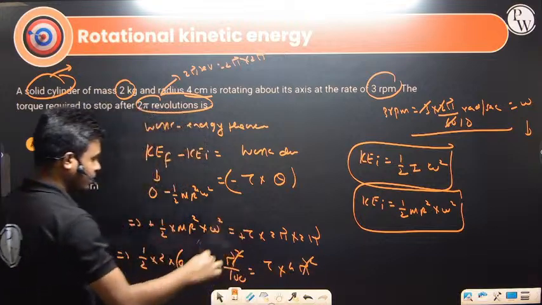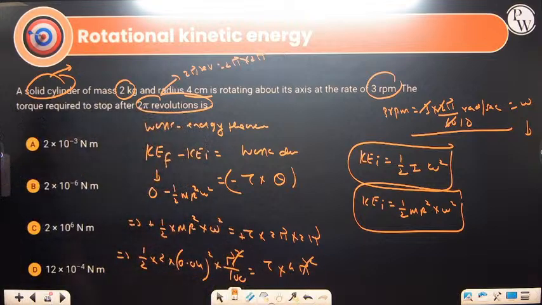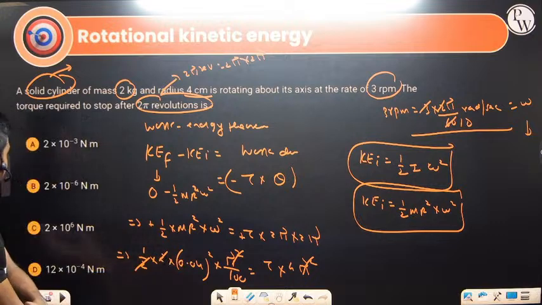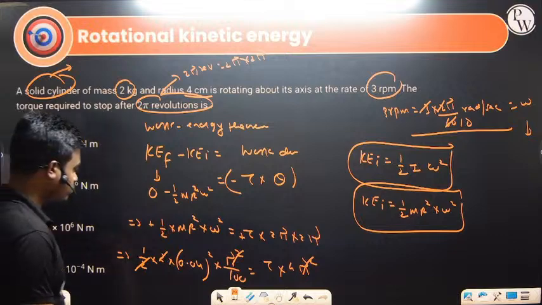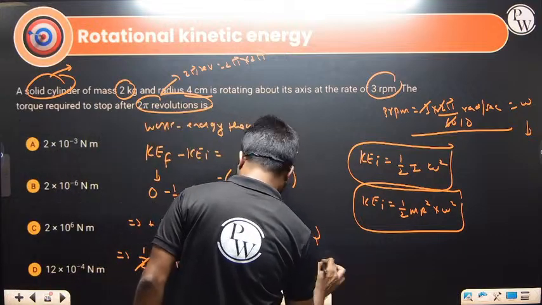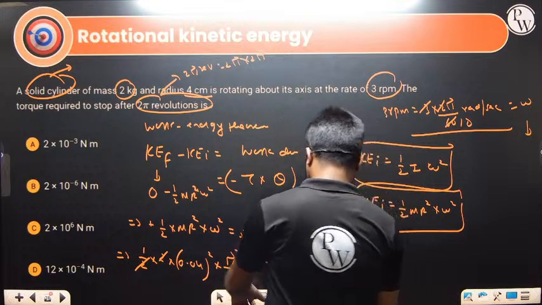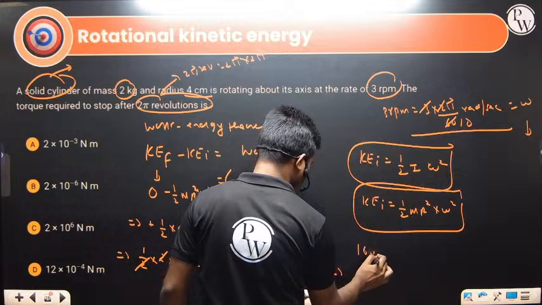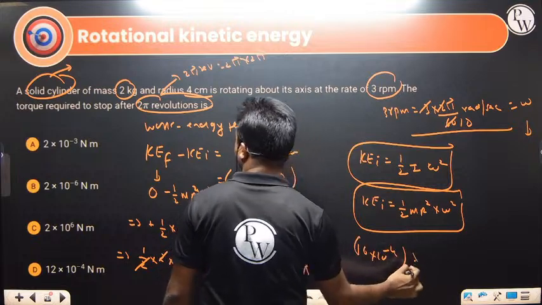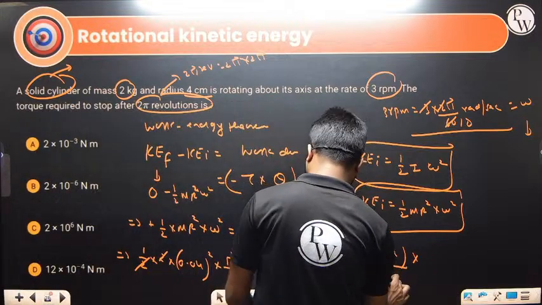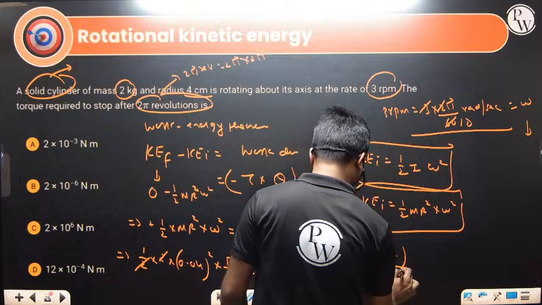Pi square cancels. This 2 and 2 also get cancelled. 0.04 square is 16 into 10 to the power minus 4, divided by 4, and this divided by 100.